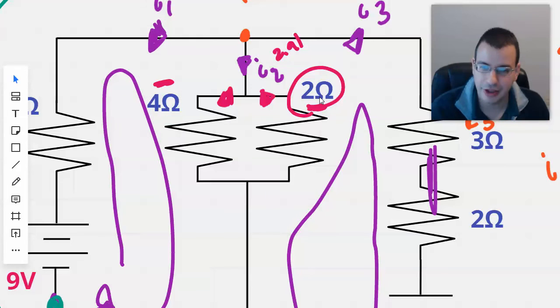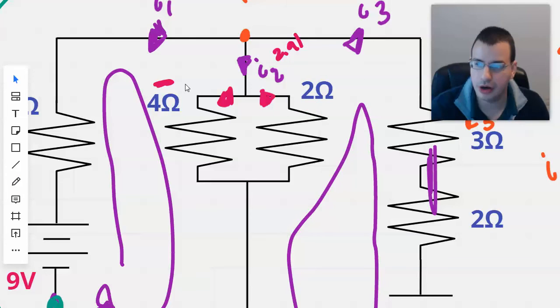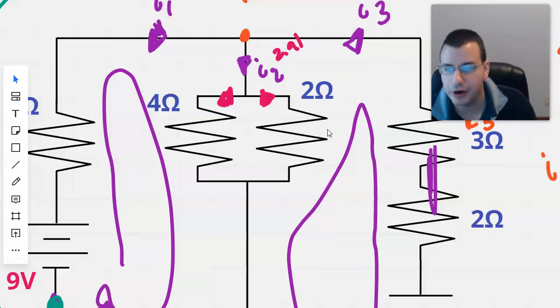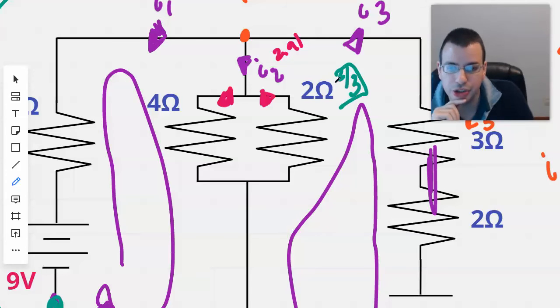So if you think about it, there should be twice as much current going through this side as the other side. So I would expect an answer where say 2/3 of the current goes through this side and 1/3 goes through that side.